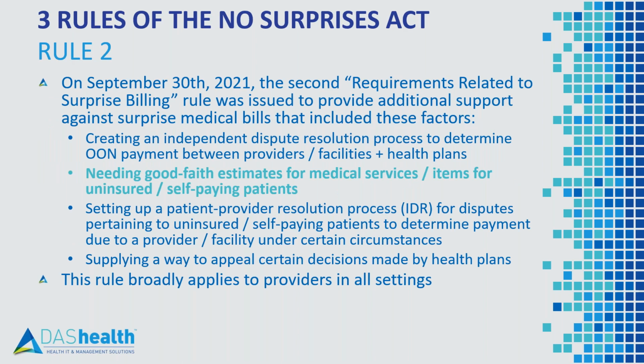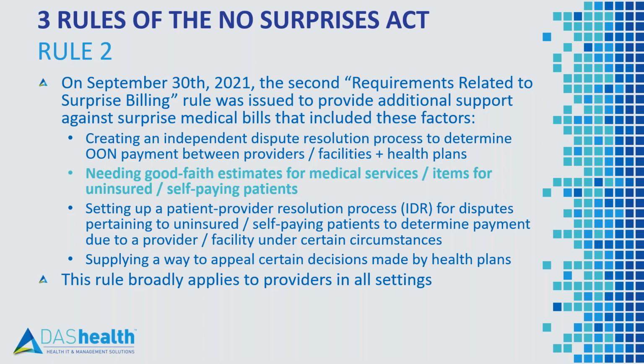So Rule 2 of this act actually created new patient transparency protections. So a little bit later in 2021, on September 30th, the second requirements related to surprise billing rule was issued to provide additional support against surprise medical bills that could include these factors. One, creating an independent dispute resolution process to determine out-of-network payment between providers and facilities and health plans.